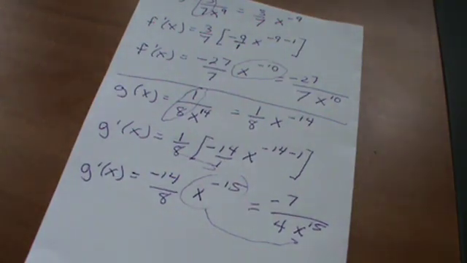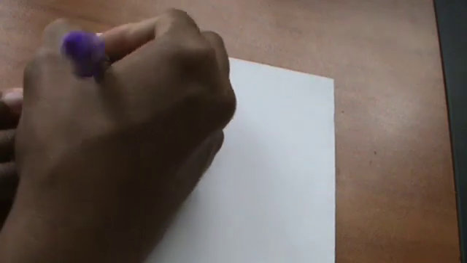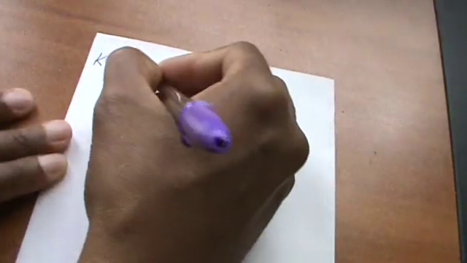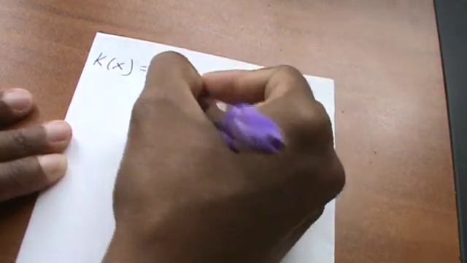Alright, so I only have 3 more that I would like to go over. And they deal with rational power. So let me just do the most complicated one. So say we have k of x equals 6 over 13 7th root of x squared.